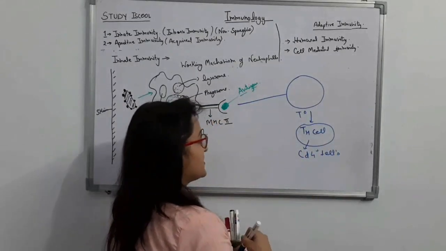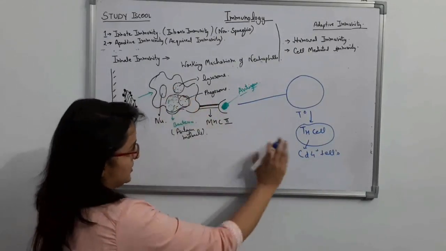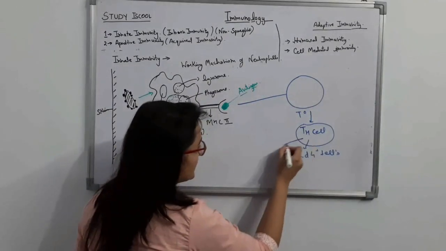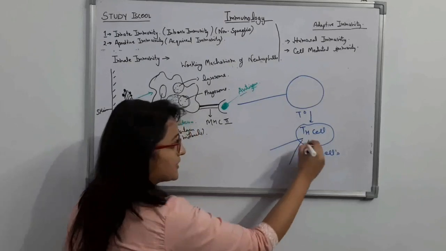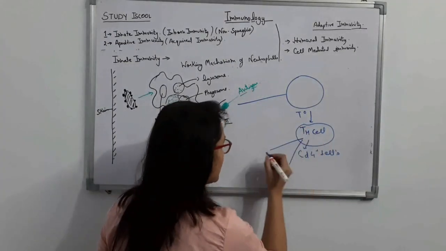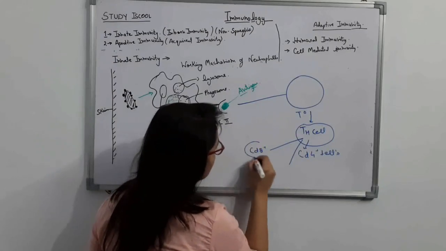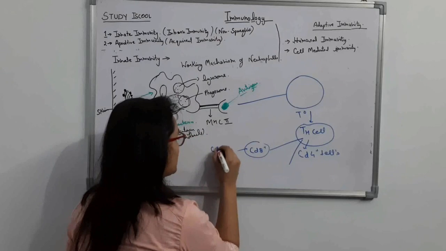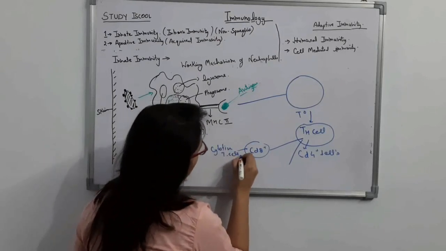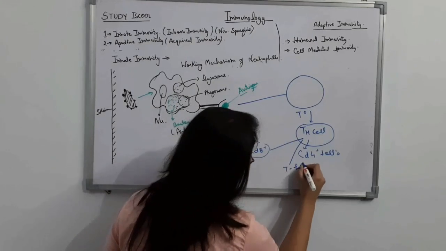TH cells, the CD4 cells, communicate with macrophages for killing pathogens. After receiving the signal through cell communication, it converts into either a CD8 cytotoxic T cell or a CD4 T helper cell.